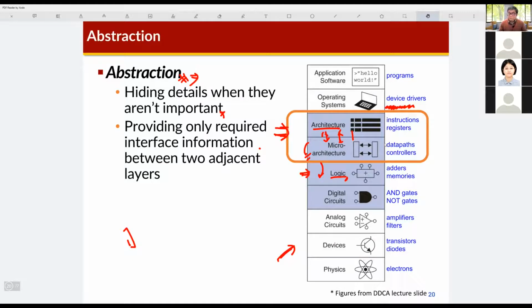When you make a product, we just reveal the required knowledge to the customers or the people in other departments. The detailed knowledge is hidden, because they do not need to understand the detailed aspects of the lower layer. So this abstraction is important.